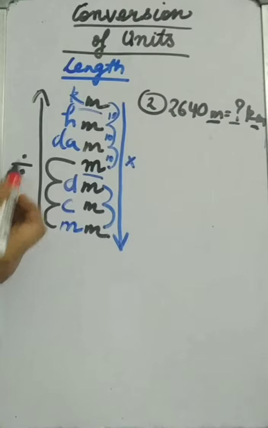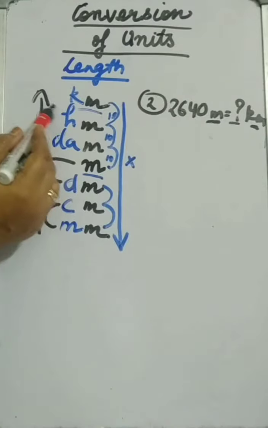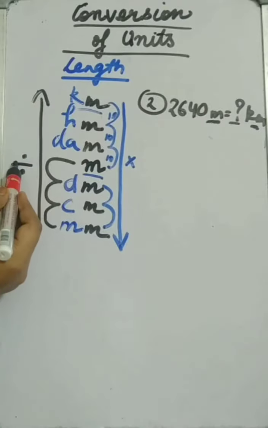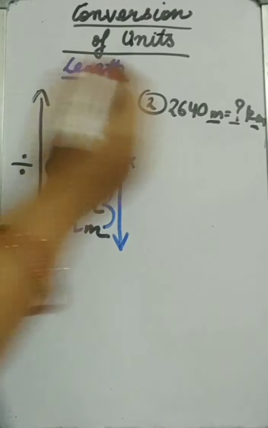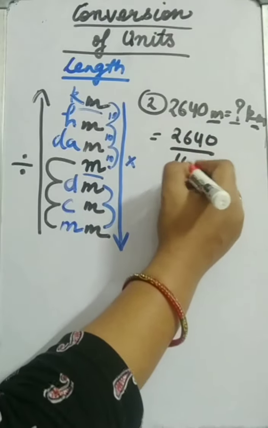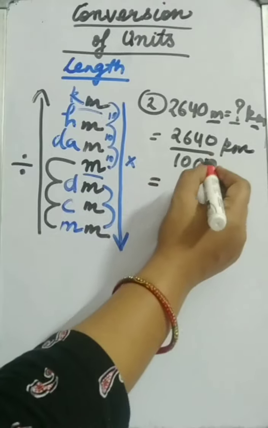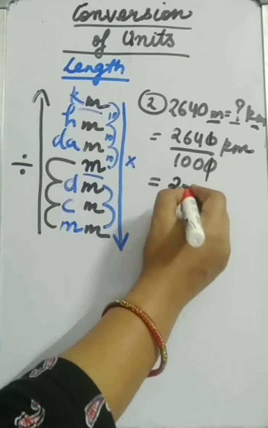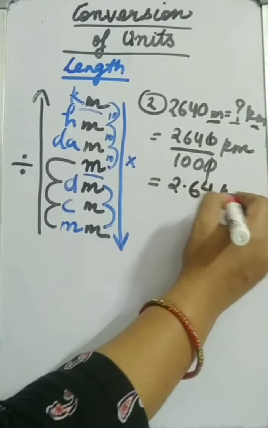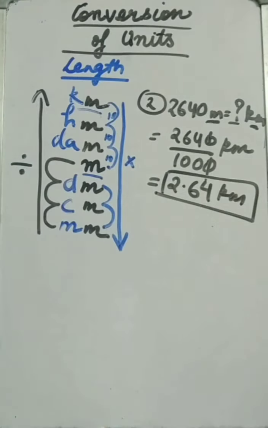Divide with what? From meter to kilometer: 10, 100, 1000. That means I have to divide by 1000. So 2640 divided by 1000. Now do the calculations and you will get 2.64 kilometer. This is the answer. So now I hope the conversion part is clear to you.